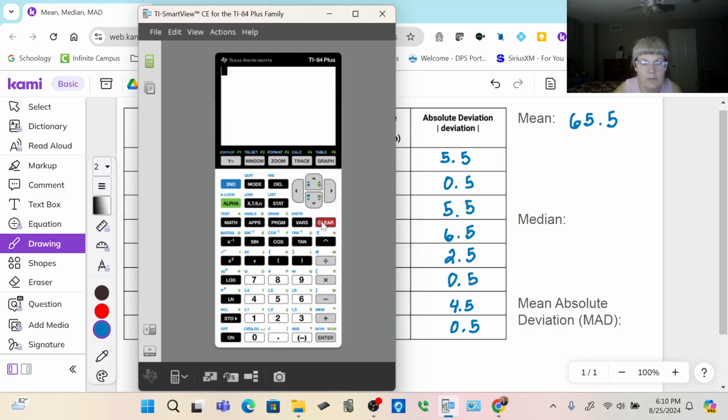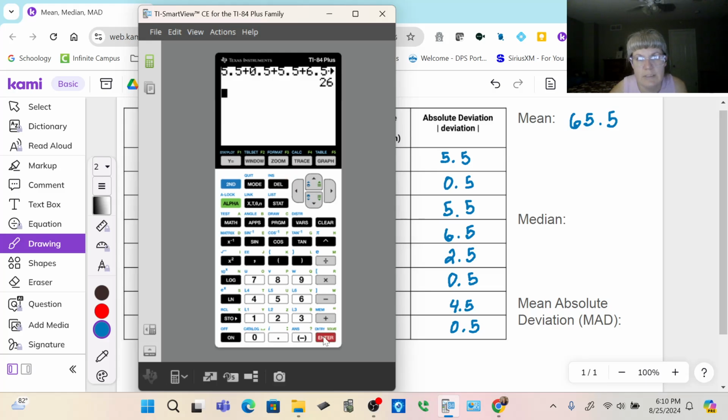Let's clear the calculator and start over. 5.5 plus 0.5 plus 5.5 plus 6.5 plus 2.5 plus 0.5 plus 4.5 plus 0.5. And let's see where my error is. Oh, I have a double plus. Let's get rid of that. And now let's see if it works.